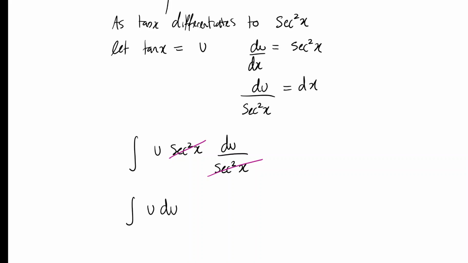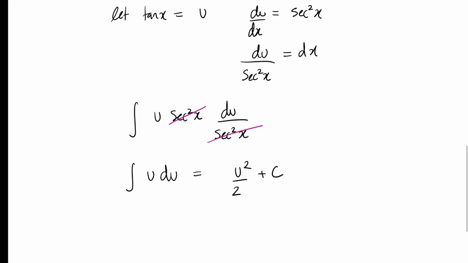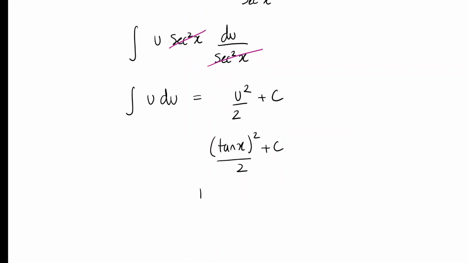The integral of u with respect to u is u squared over 2 plus c. Just need to reinstate tan x as u, our original substitution. Tan x squared over 2 plus c. Written in a more typical format, that would be 1/2 of tan squared x plus c.